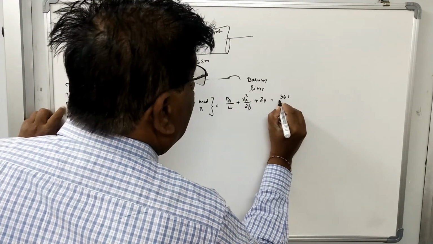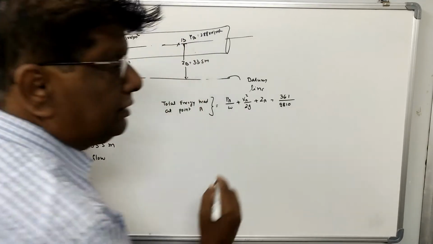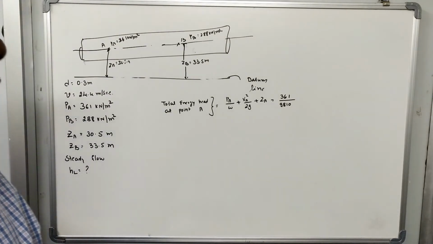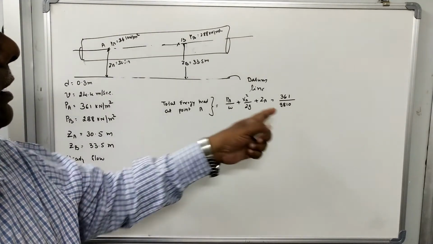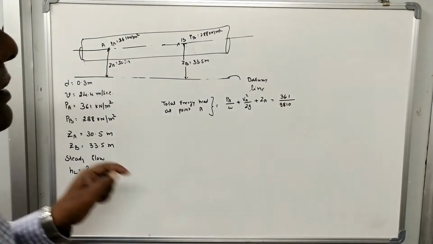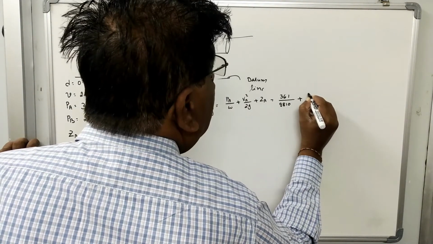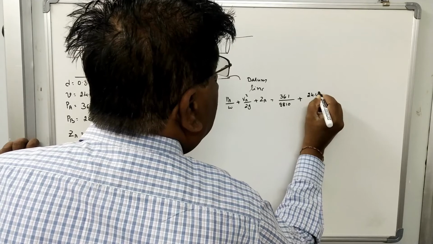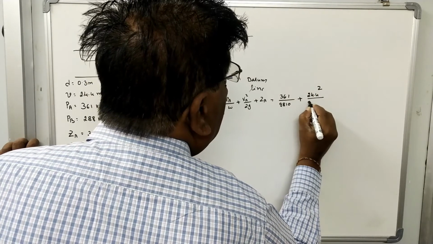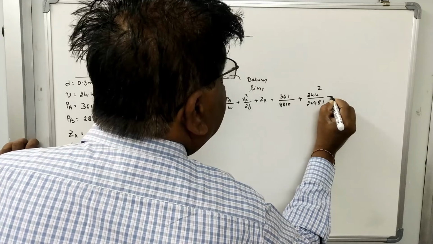361 kilonewton per meter square divided by 9810, that is the specific or unit weight of water, plus VA square, that is 24.4 square, because velocity at point A is given, divided by 2 into 9.81, plus ZA.